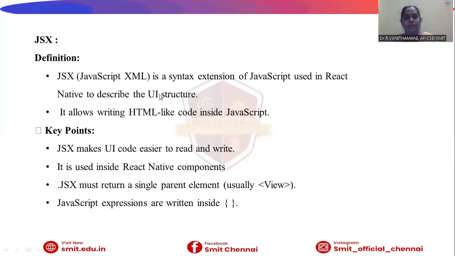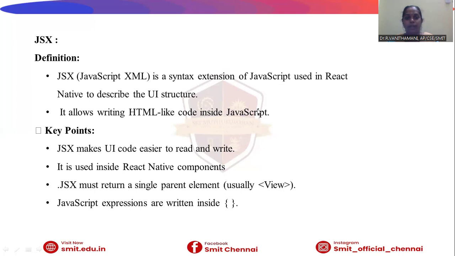Now you can see JSX. JSX means JavaScript XML. It is a syntax extension of JavaScript used in React Native to describe the UI structure. It allows writing HTML-like code inside JavaScript. Now the key points of JSX: it makes UI code easier to read and write, and it is useful inside React Native components. JSX must return a single parent element, like a View component.